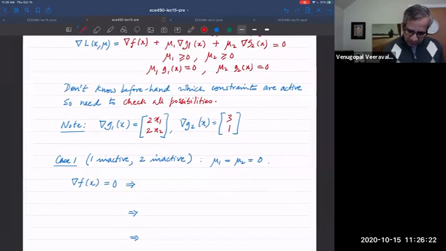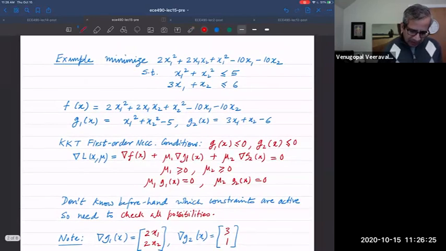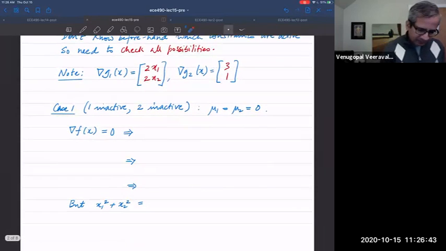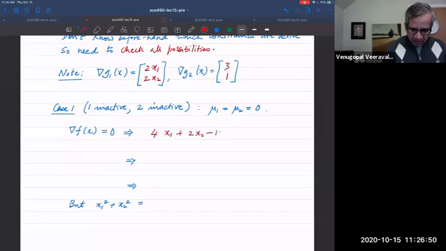The gradient is easy to calculate. The derivative with respect to x1 is 4x1 plus 2x2 minus 10, and with respect to x2 is 2x2 plus 2x1 minus 10. So let's write that down. 4x1 plus 2x2 minus 10 equal to 0 for the first component of the gradient.